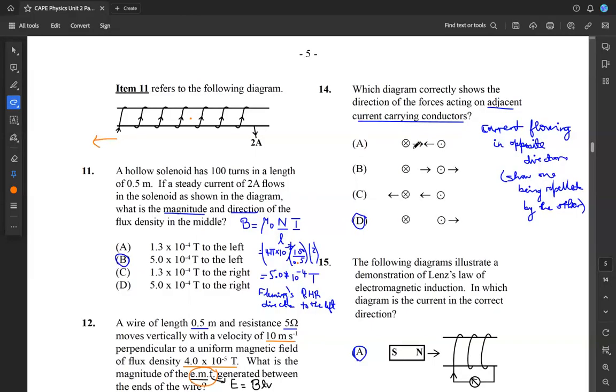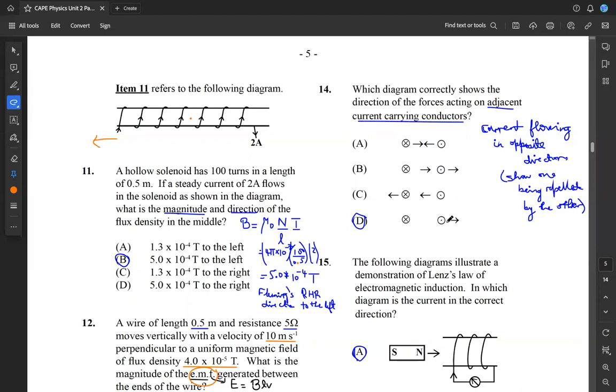If current is flowing in opposite directions, we have to show one of these conductors being repelled by the other. And so we come down all the way to D, and that's what we show here.